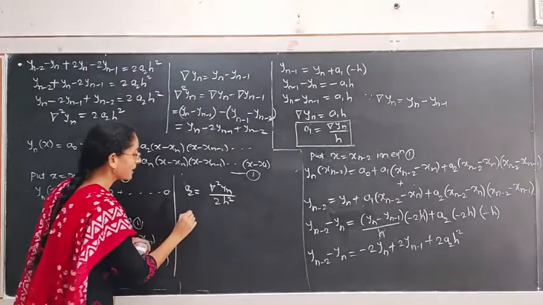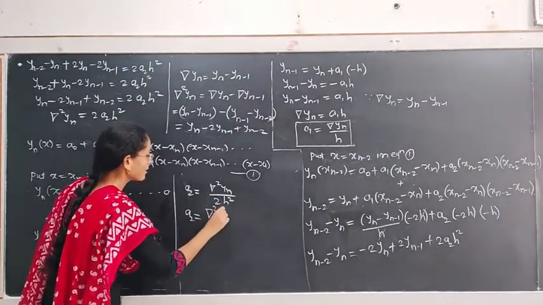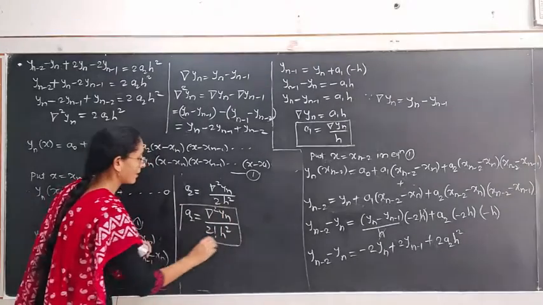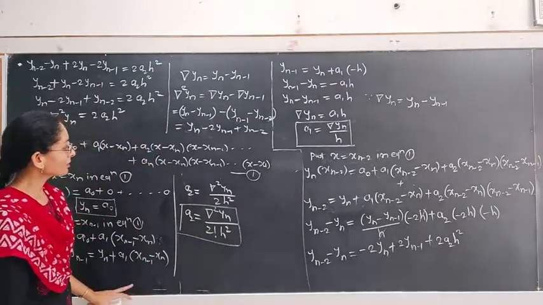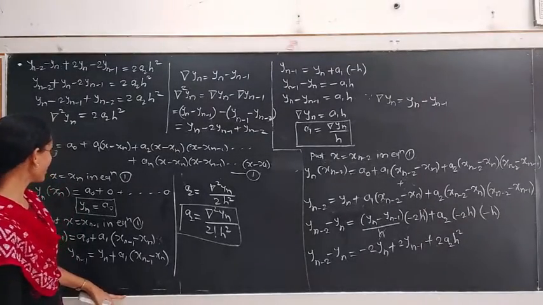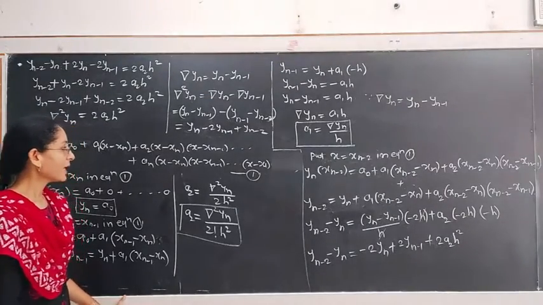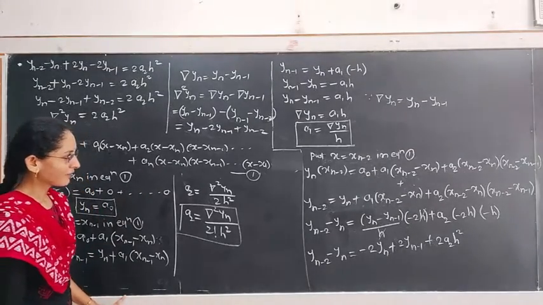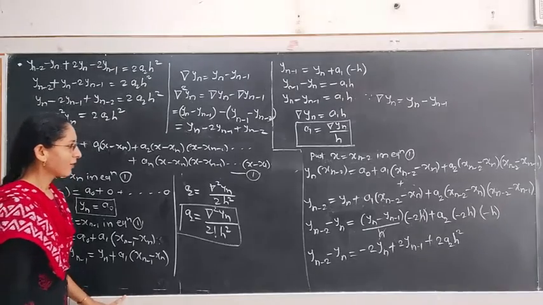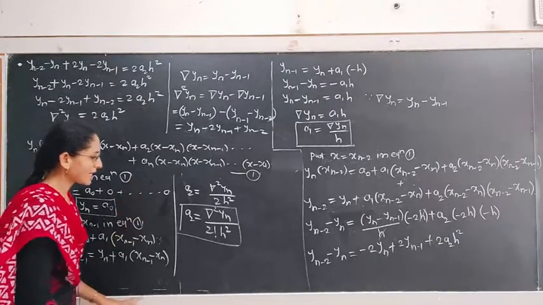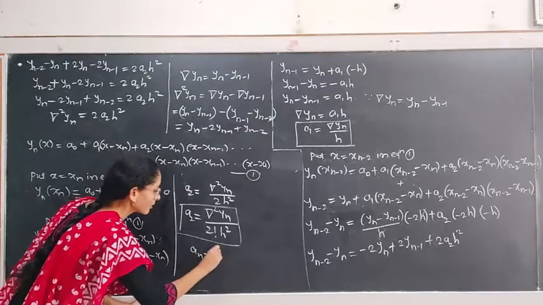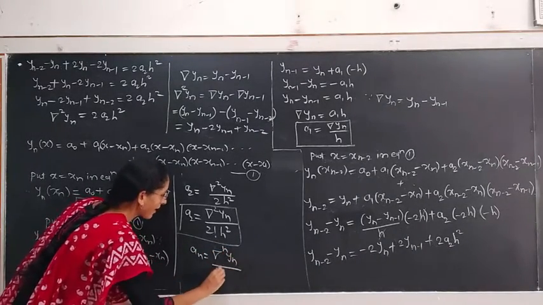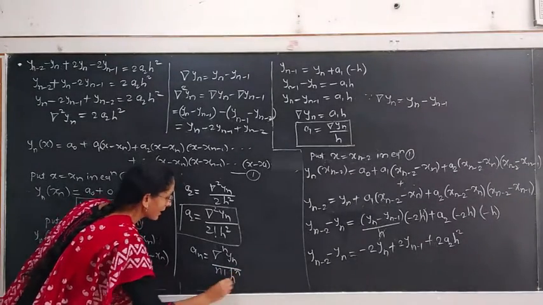This can be written as del square y_n upon 2 factorial into h square. In the same way, after substituting x is equal to x1, we get the value of an as del raised to n y_n upon n factorial into h raised to n.